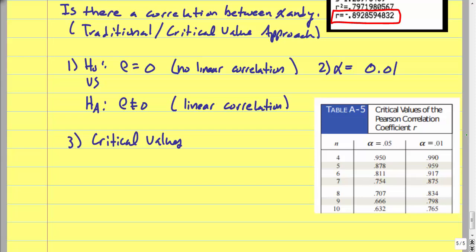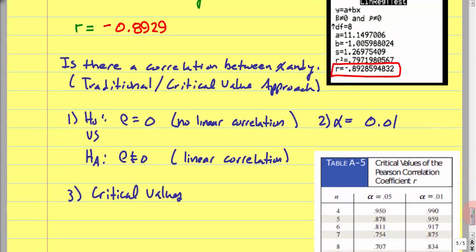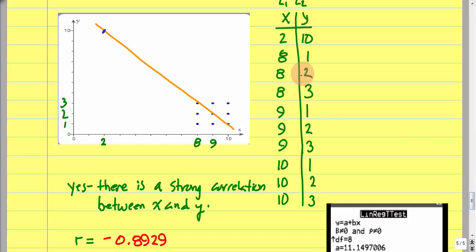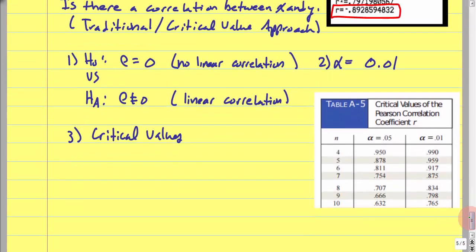So again, we have a sample size of 10 pairs. If you wanted to count these, you could, but we have 1, 2, 3, 4, 5, 6, 7, 8, 9, 10. So I come down here, and I have n equal 10, and I have alpha equal 0.01, so 0.765.